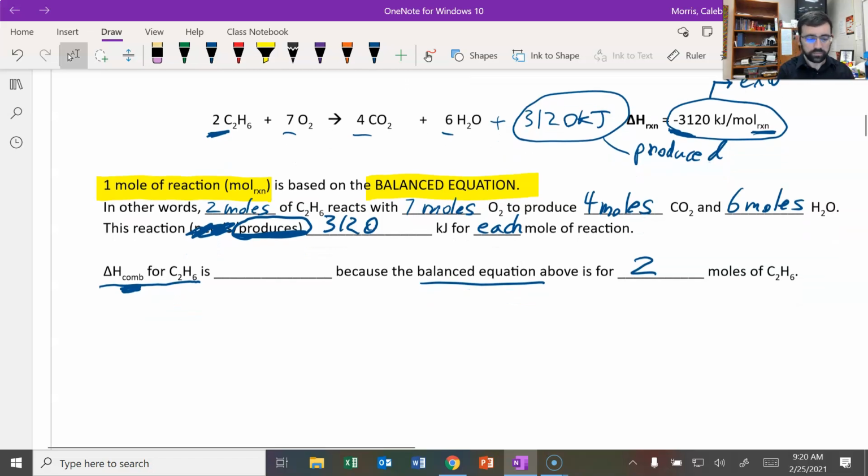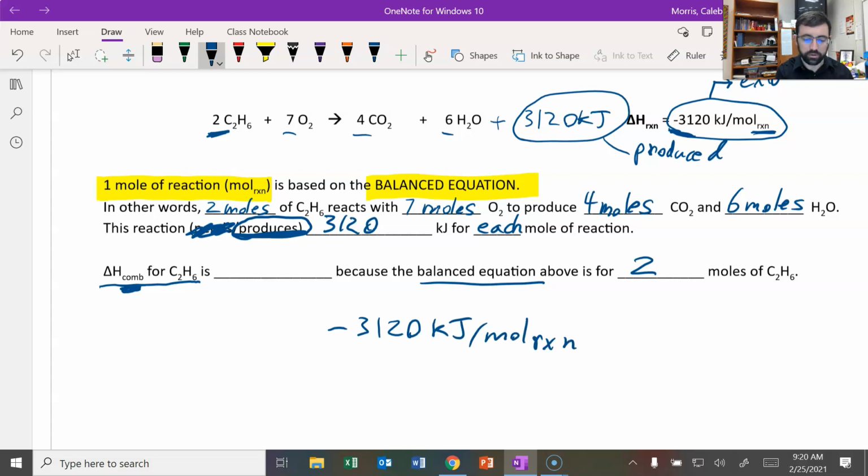So I would just take negative 3,120 kilojoules per mole of reaction. Remember, that equals negative 3,120 kilojoules per 2 moles of ethane.